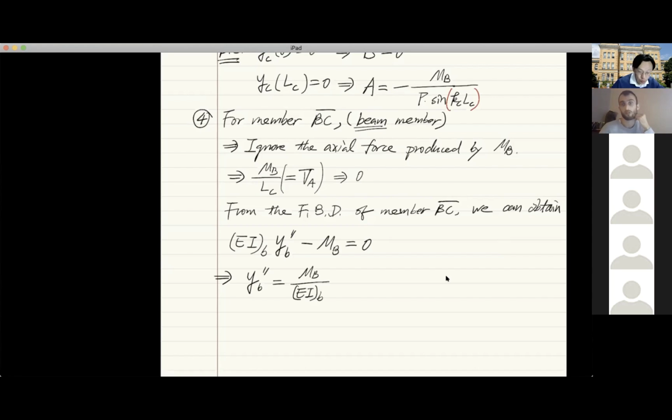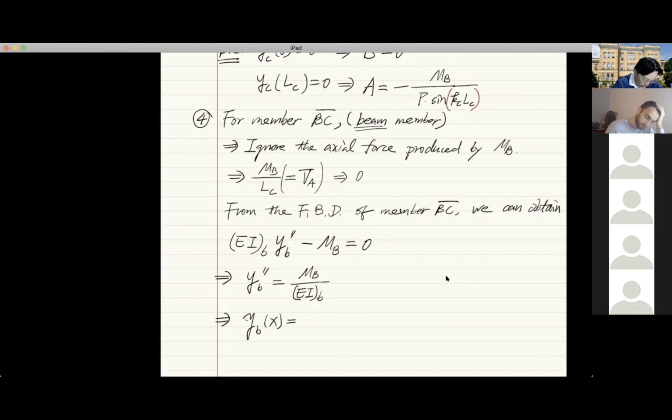Now, this is also a differential equation, except that it doesn't have the linear term. So what's the solution to this? The solution to this is written as, first, you have to consider the first order and the zeroth order.